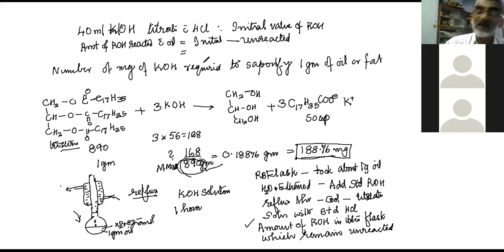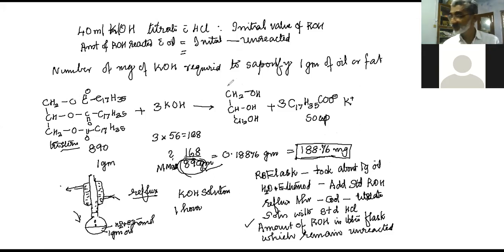So for each batch of soap making, the industry will do the saponification test. Then only they will add the sodium hydroxide or potassium hydroxide needed to manufacture the soap in that particular batch.